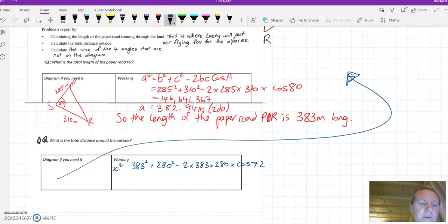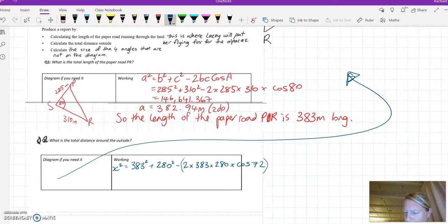Okay, so x squared equals 383 squared plus 280 squared. Just take care with your calculator, guys, when you're using it. You might want to put brackets around this whole second part here. It will use BEDMAS for you, but you've got to be really careful, because if you accidentally push equals at the wrong time, you'll end up with it all jiggering up for you.